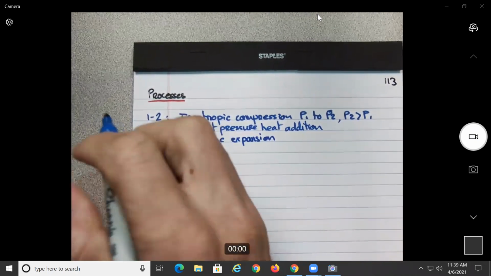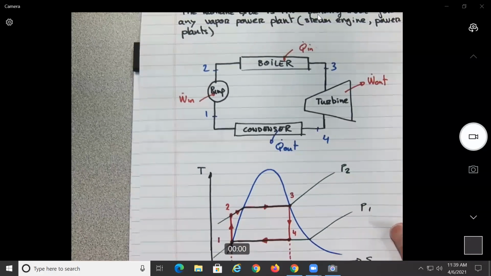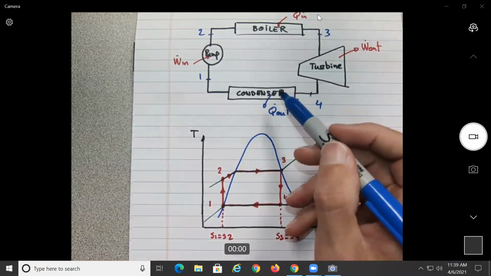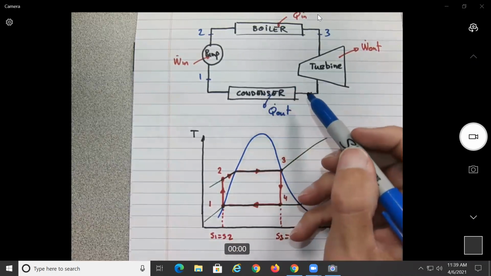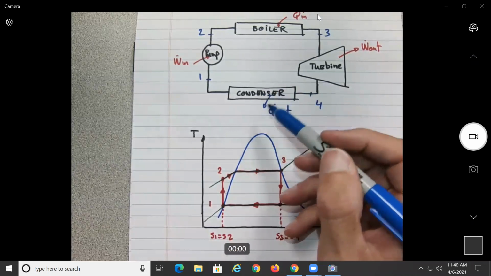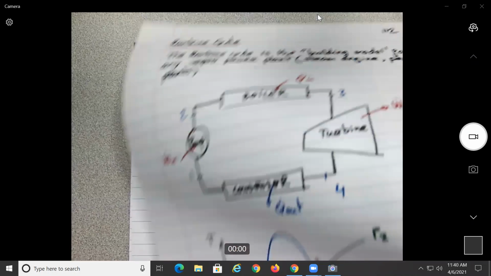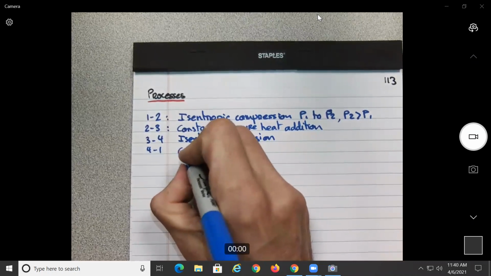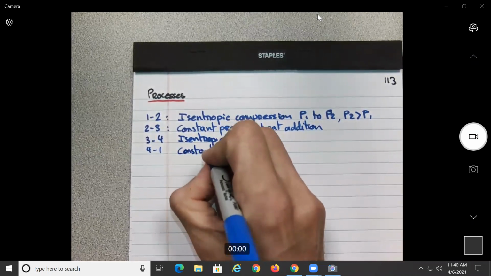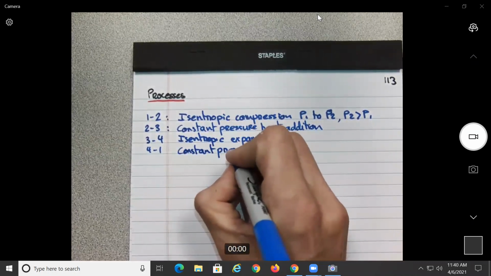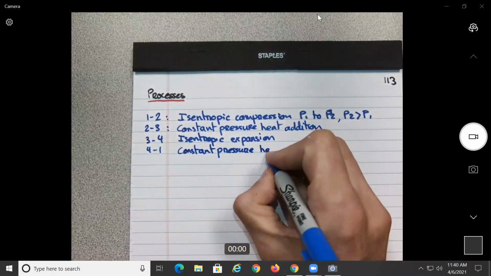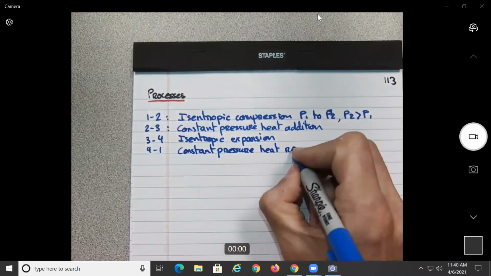Then 4 to 1, you are cooling everything. So basically it would be constant pressure cooling, or constant pressure heat removal. How do we call the other one? Constant pressure heat addition, so let's say heat removal, okay?